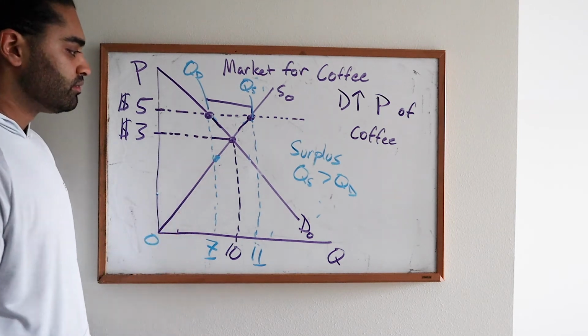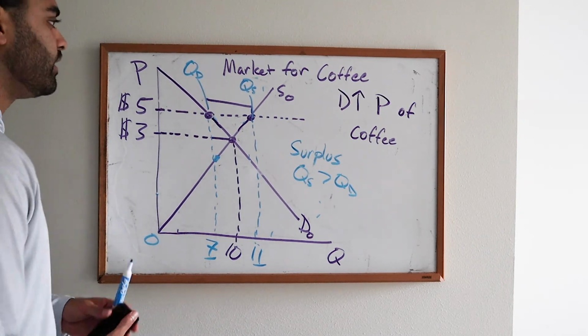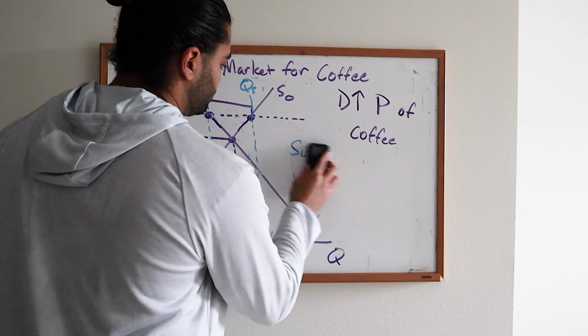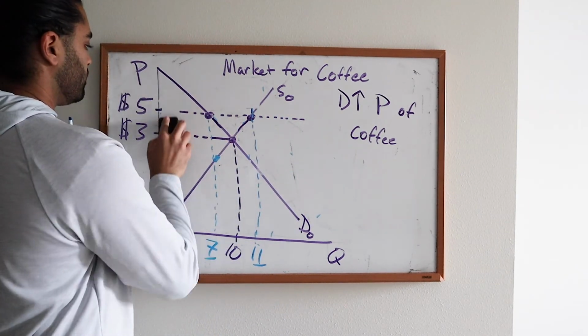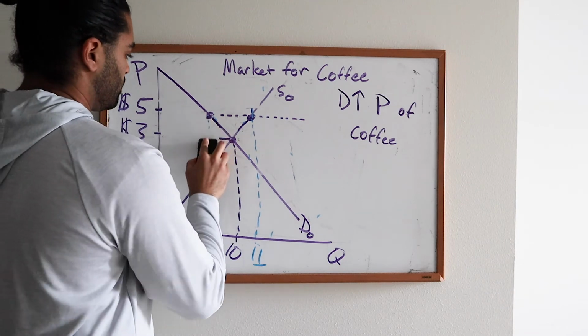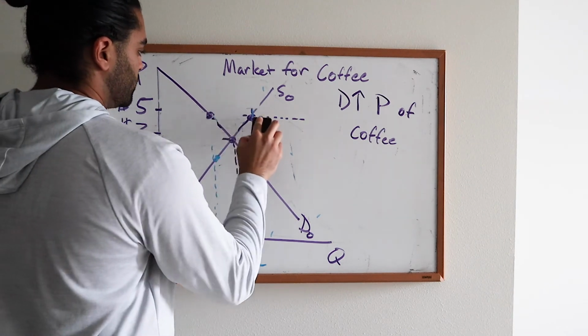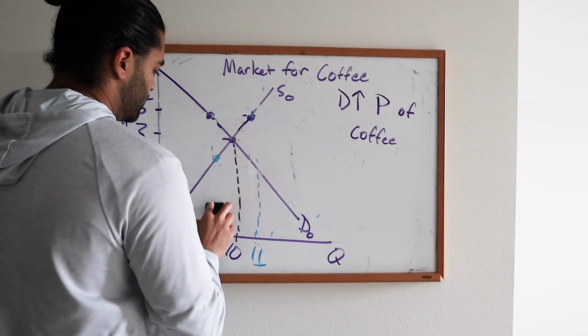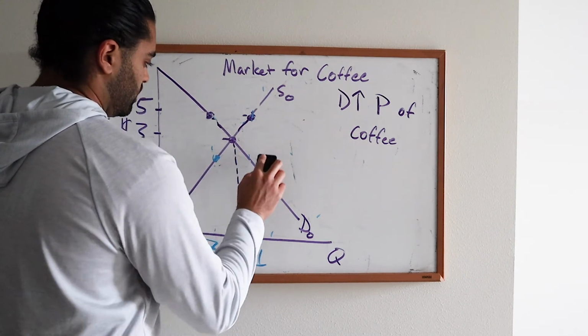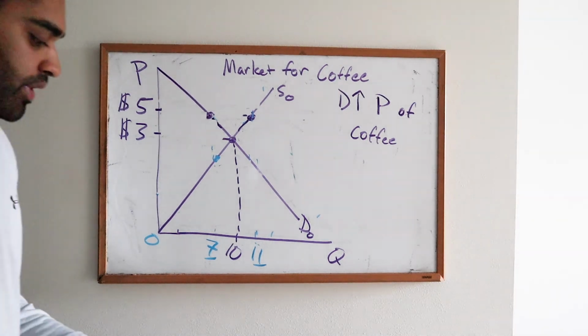So that's a surplus. If we look at it the other way, that was our surplus. Now we're going to look at what happens when we decrease the price.